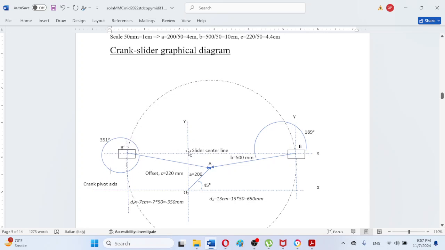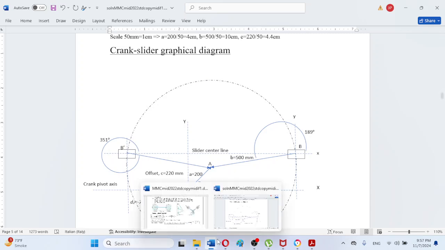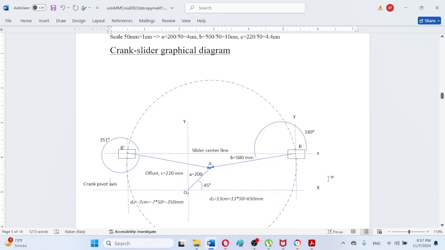This is the slider center line, and we can also observe that slider offset C is positive. If the slider offset is positive, that means the slider will be located in the first or in the second quadrant, because in these both cases the offset will be positive.